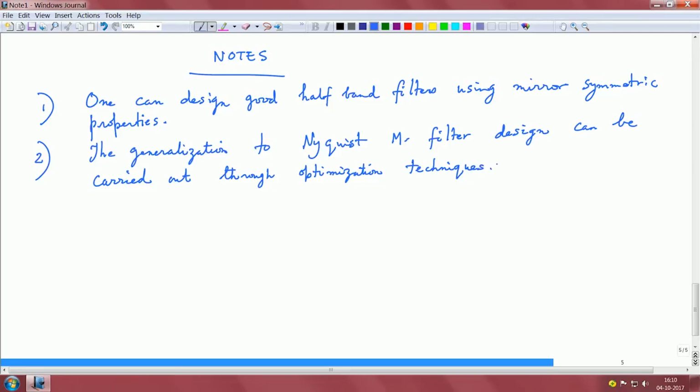We saw the case where we could set up our optimization problem for solving for the base filter that led to Johnston filter, and the same idea you can extend towards Nyquist M filters. So, these are some basic filters that you will see in multi-rate operations.